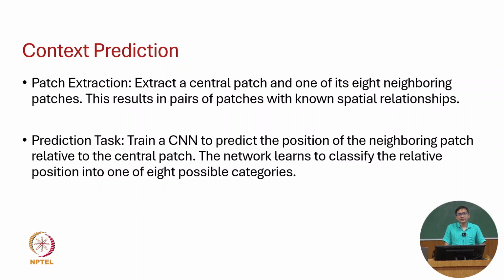Our task can be: given the central patch itself and given one of the 8 neighboring patches, the task is to predict the position of the neighboring patch relative to the central patch. That is, we are tasking a CNN or a network to learn to classify into one of these 8 possible categories.